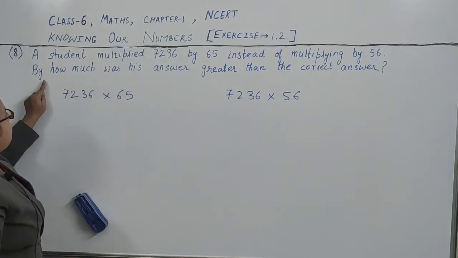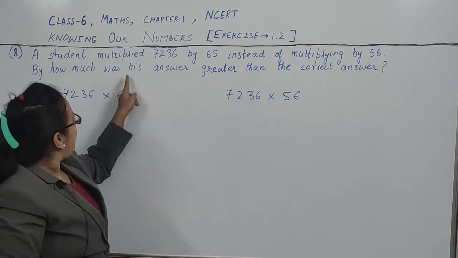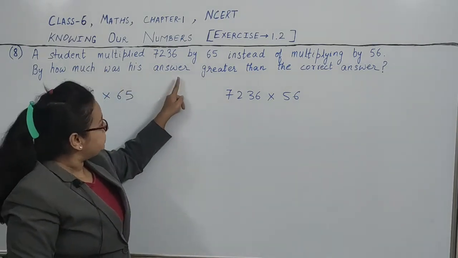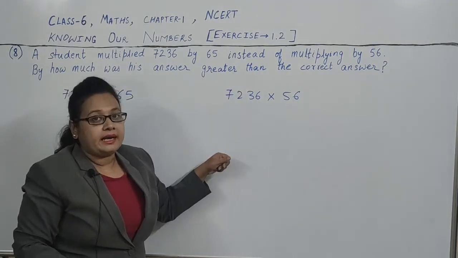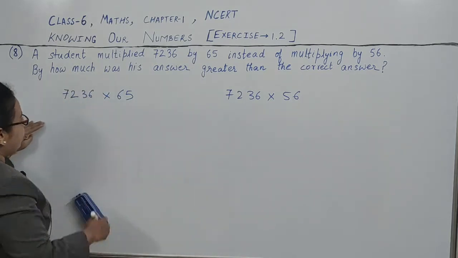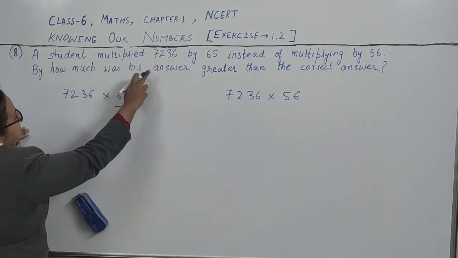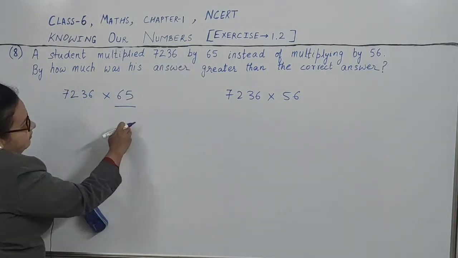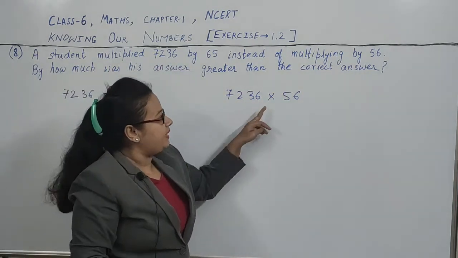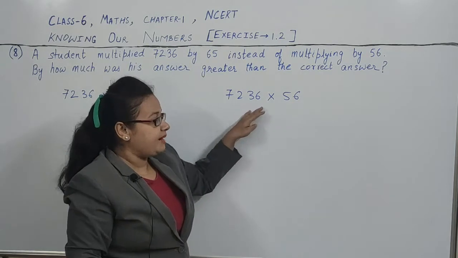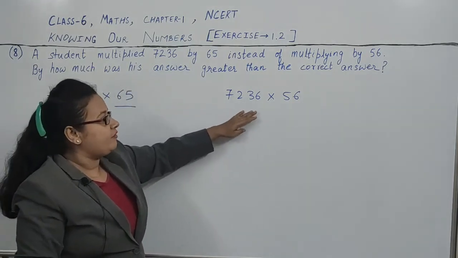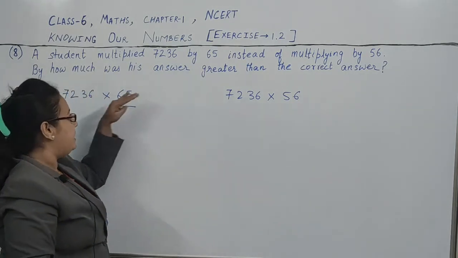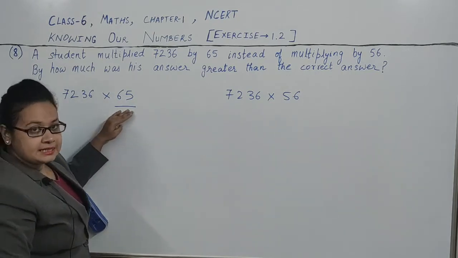So by how much is his answer greater than the correct answer? He multiplied by 65 instead of 56.